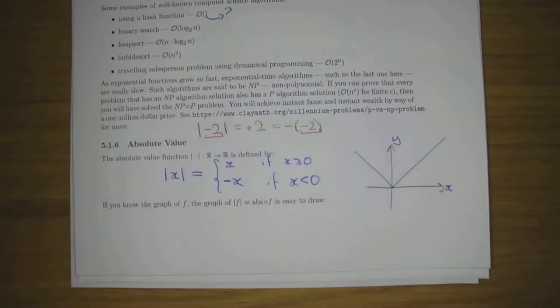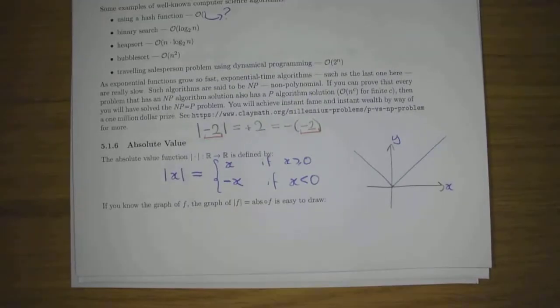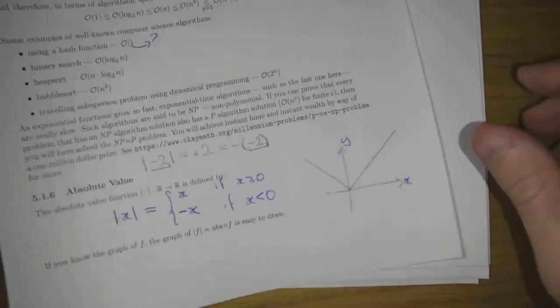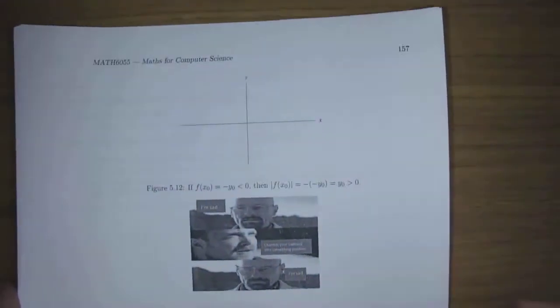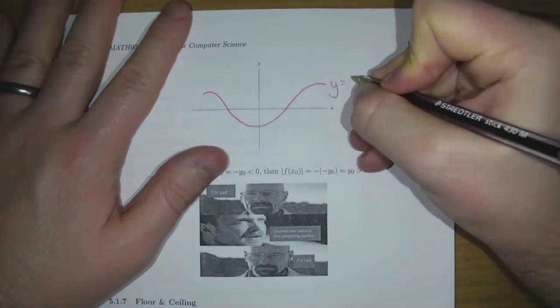Okay. If you know the graph of a function, the graph of the absolute value of the function is easy to draw. You just take the negative bits and make them positive. So we'll do an example of that. Say you've got a function here, y equal to f of x.